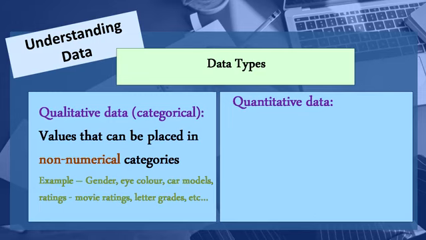When you come to the letter grading for exams and movie ratings, we are giving some grading: excellent, very good, good, average, poor, something like that. These are representations based on performance. Here you can find the difference between gender and movie rating. Gender is male, female; in a movie rating you can say excellent, very good, and poor. You can see some order.